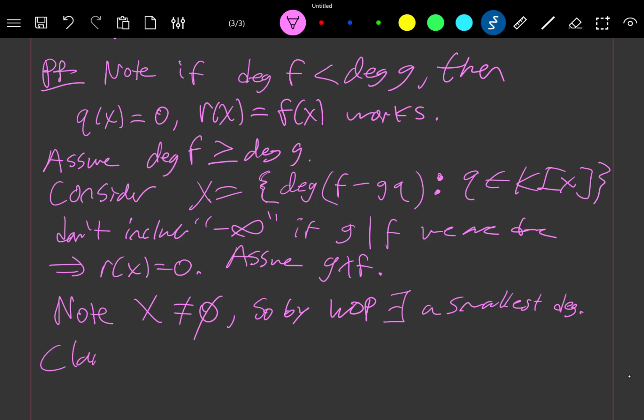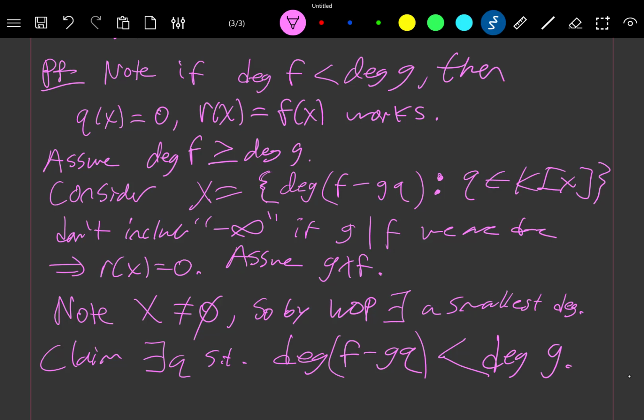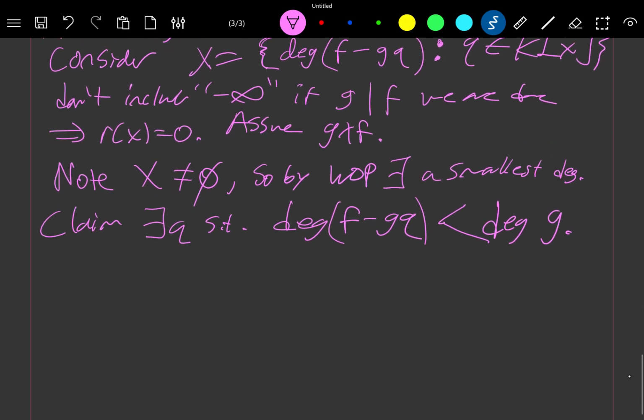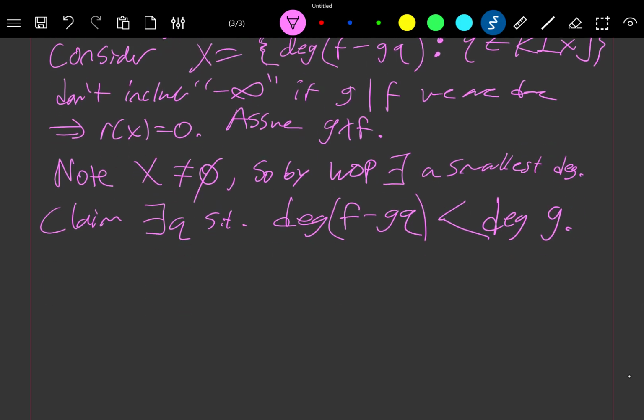I claim that there exists some q where the degree of f minus g times q is smaller than the degree of g, because this will be our r.